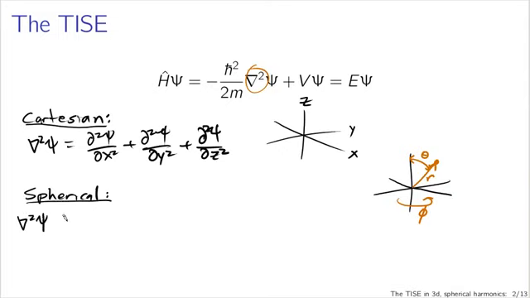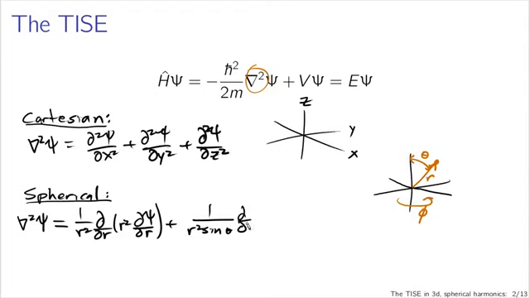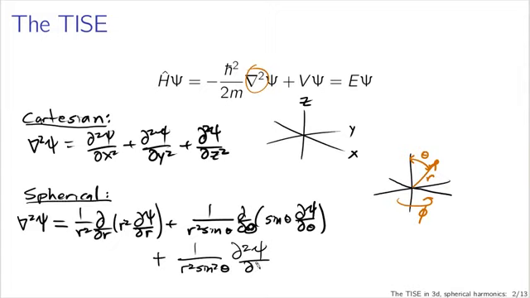Del squared, acting on some function psi, is 1 over r squared times the partial derivative with respect to r of r squared times the partial derivative of psi with respect to r, plus 1 over r squared sine theta, partial derivative with respect to theta, of sine theta, partial derivative of psi with respect to theta, and yet another term, plus 1 over r squared sine squared theta times the second partial derivative of psi with respect to phi.